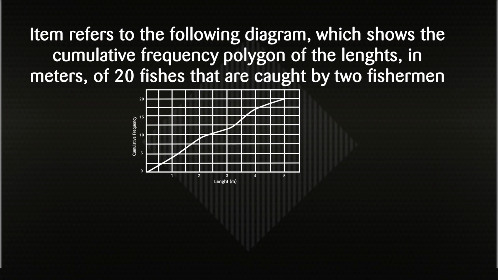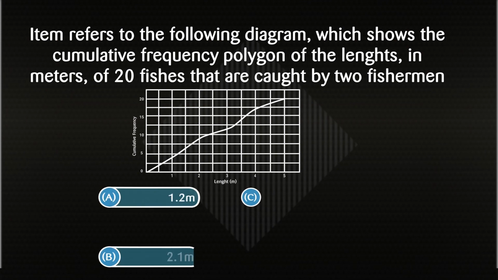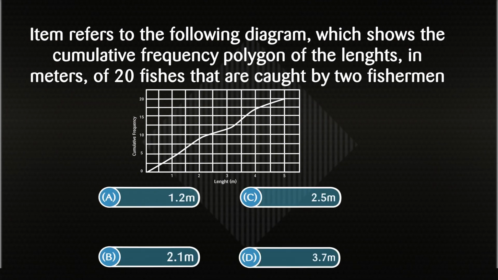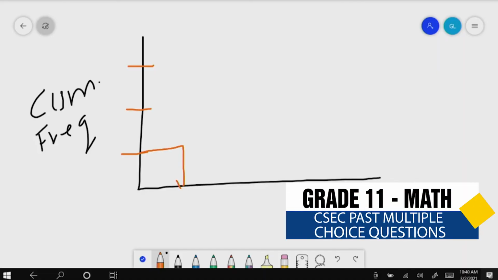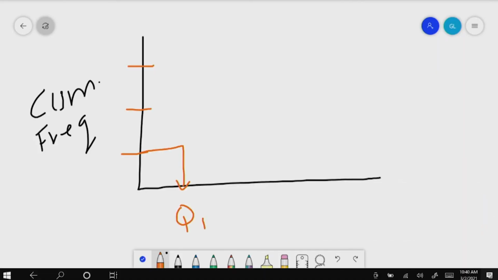This question tells us that two fishermen caught 20 fish and their length were measured and put onto a frequency polygon. They're asking us for the interquartile range. The interquartile range is found by when we divide the cumulative frequency into quartiles and bring these values and read them off from the horizontal plane.